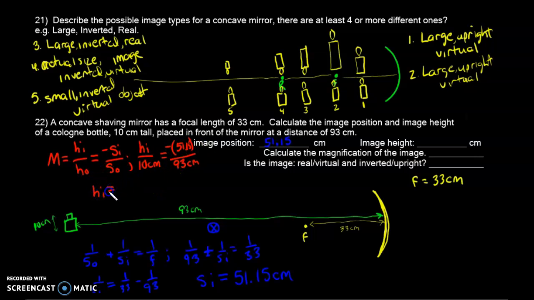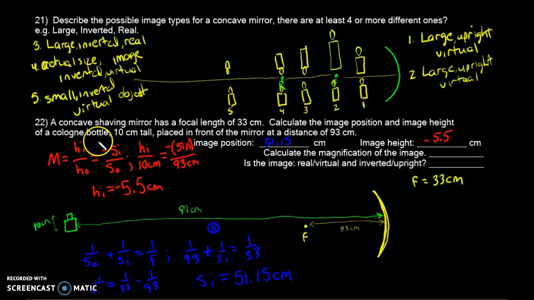And I punch all that in my calculator, and I get HI is negative 5.5 centimeters. So there's the height of our image, negative 5.5 centimeters.